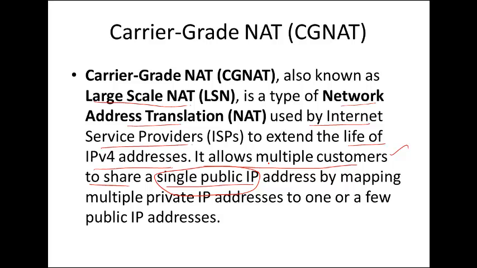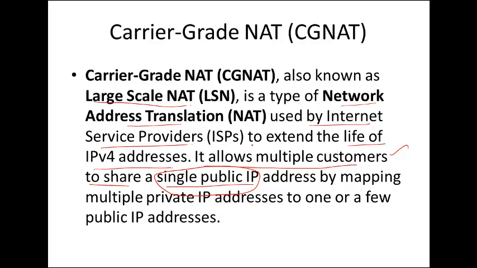I purchased my own public IP address like 11 years back. But now you won't get it. ISPs don't have public addresses. Maybe some big ISPs, but I don't think we will get public IPs. We need to check. Maybe one or two ISPs may have some at a very big cost.